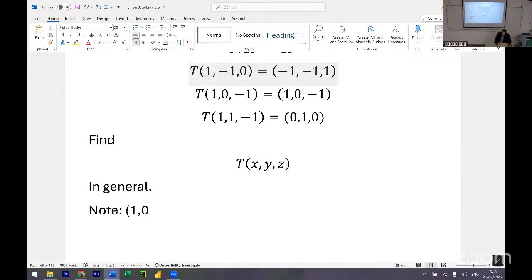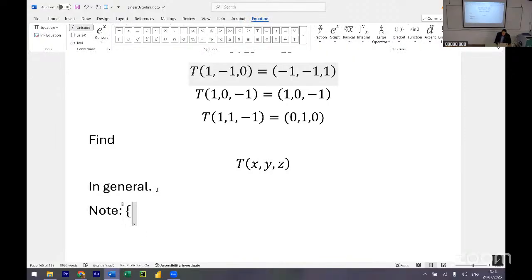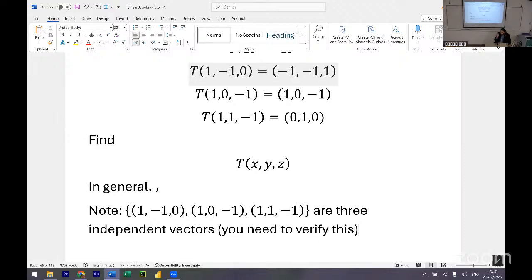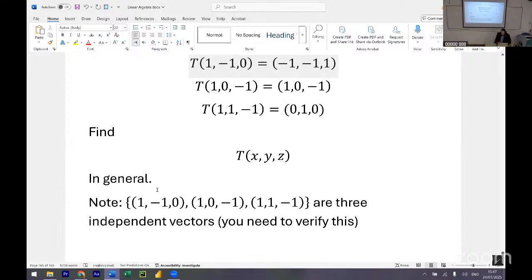Note that (1, 0, -1), (0, 1, 0) and (1, 1, -1) are three independent vectors. You need to verify this. It's doing another Gauss elimination, in columns.